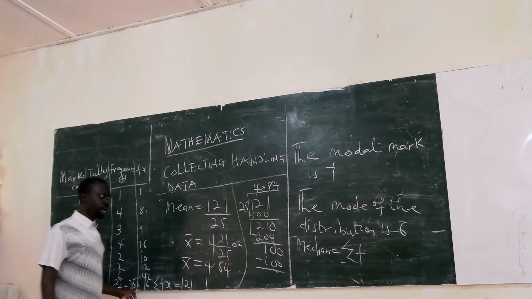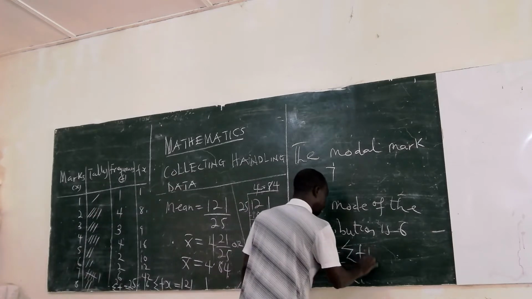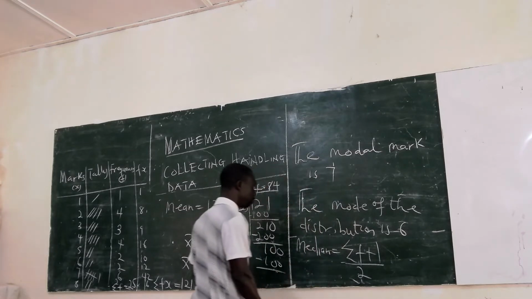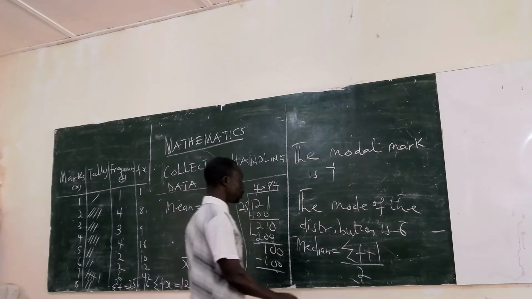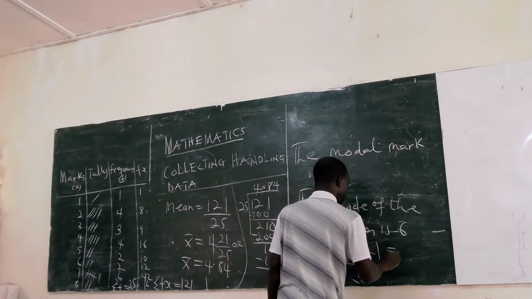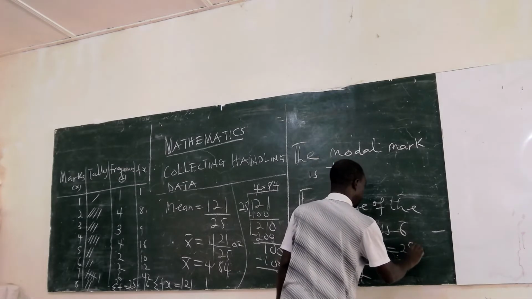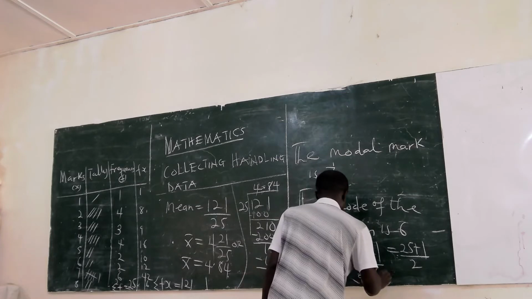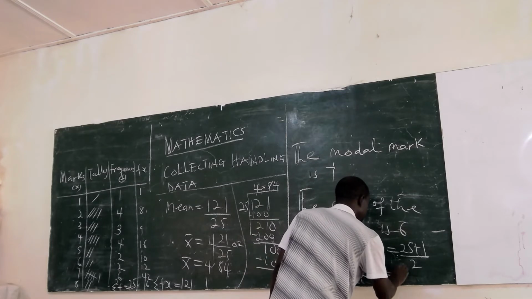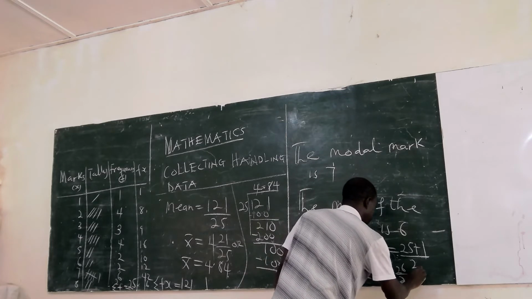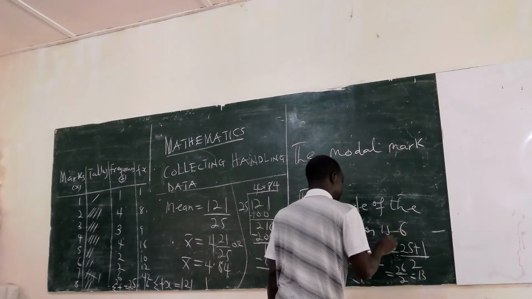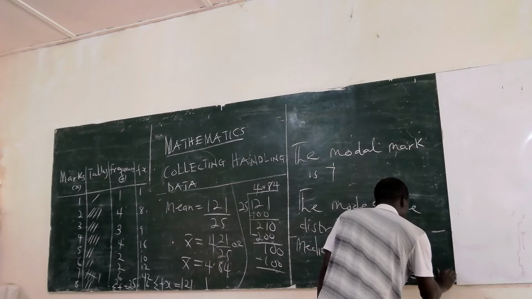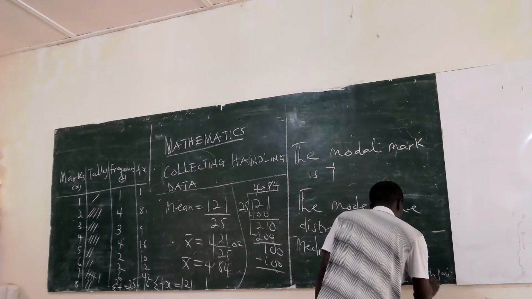So it is sigma F plus 1, all divided by 2. Here it will be 25 plus 1 all divided by 2, which gives us 26 divided by 2. The answer is 13. So it's the 13th position, okay? Without writing this, the mark is wrong.